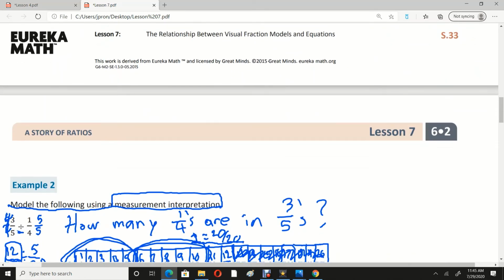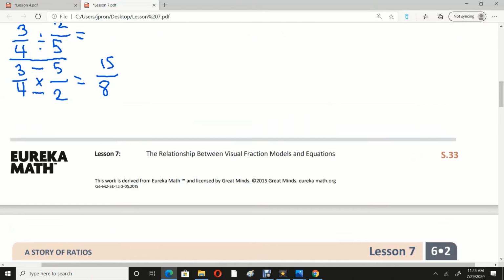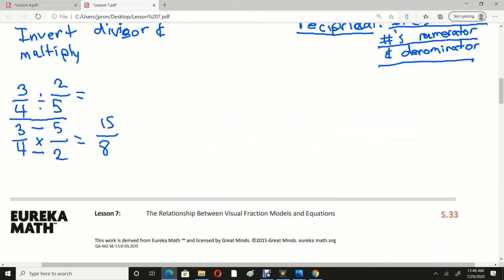In this other problem we have 3/5 divided by 1/4, so let's do that right here. Again, we're going to invert the divisor. We take the divisor 1/4, invert it, put it 4/1.